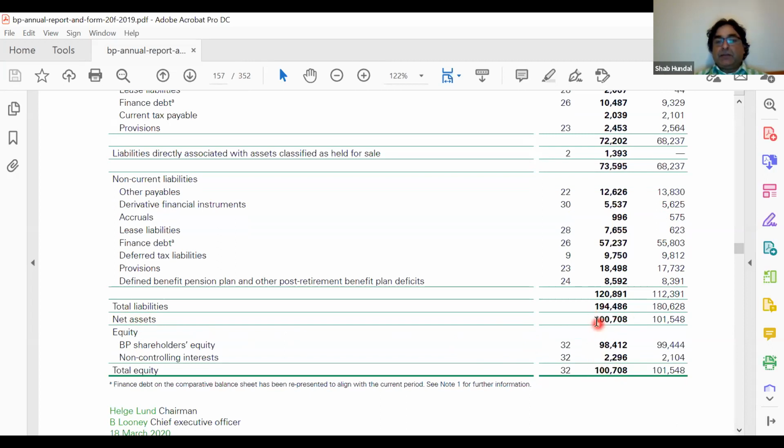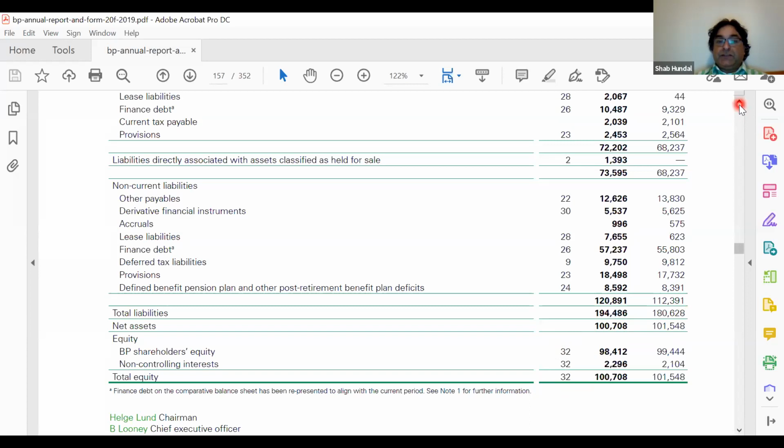But remember that your company may not be using exactly the same terminology, but as long as you understand the concept, it shouldn't be a problem. Net assets or net worth is equal to total assets minus total liabilities also. So you want to try to see the total assets minus total liabilities, that will also be equal to 107.08.